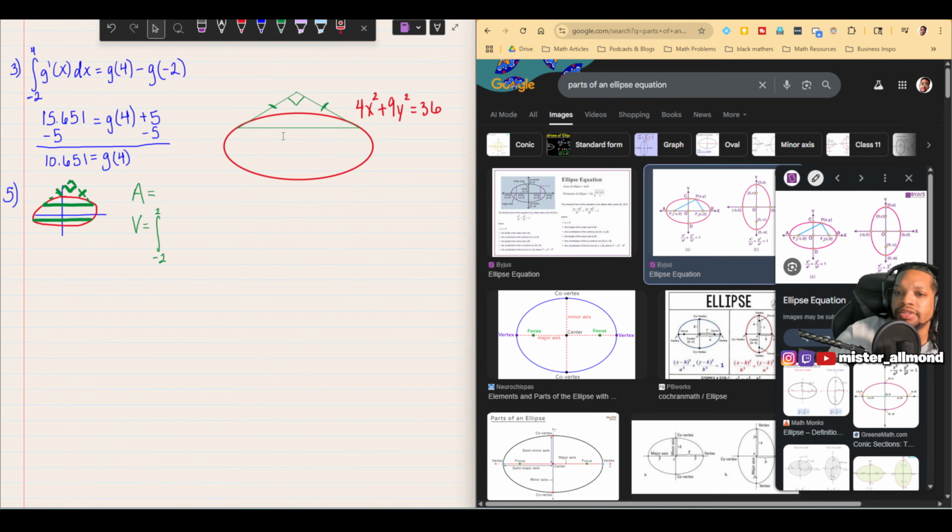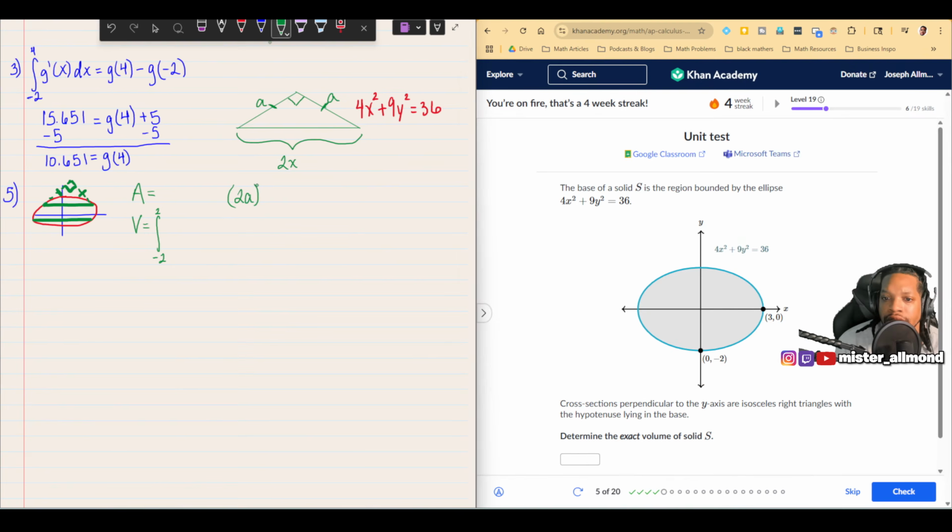Okay, let's try this. If I take out the ellipse, if I label this as 2x, let's call both of these legs A. Okay, let's try the Pythagorean theorem and see what happens, because I just got to solve for A. So let's go 2x squared, because that's A squared plus A squared, which is 2A squared equals 4x squared.